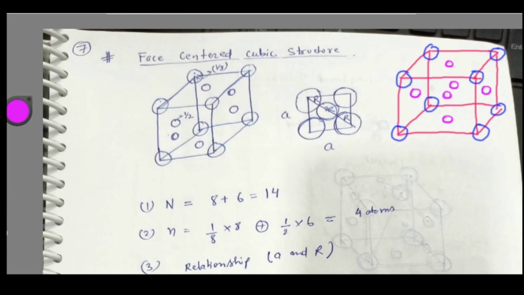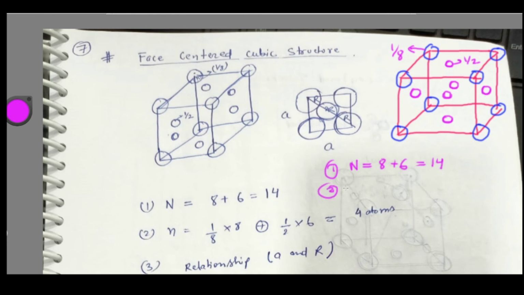So total 6 faces and 6 atoms, and only half of each face atom will contribute to the cube, and from the corner we know 1 by 8 will be present inside the cube. So if you calculate the lattice points, we get 8 corner atoms and 6 face side atoms, so total lattice point is 14.